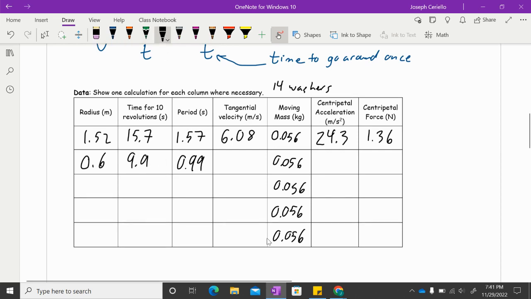So I'm just going to calculate tangential velocity like before. Here I got 3.81.